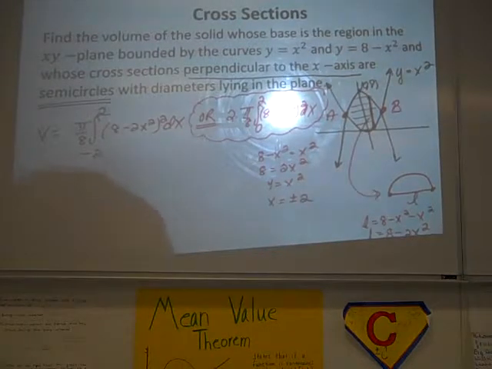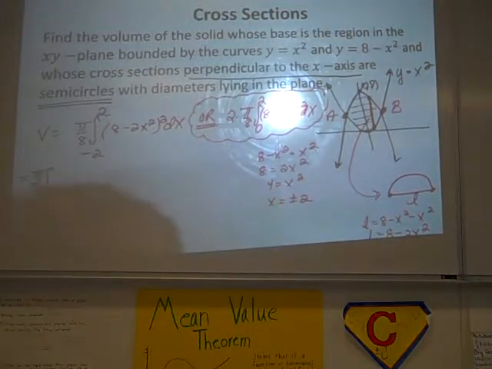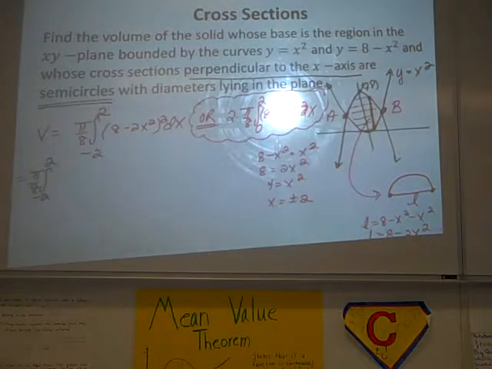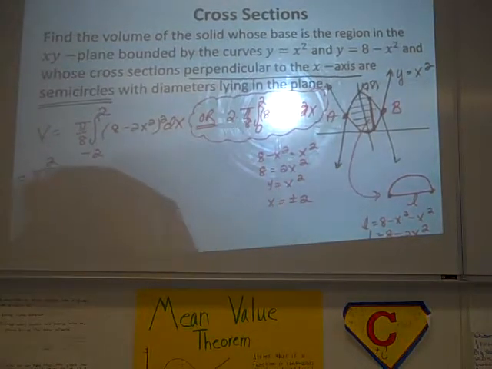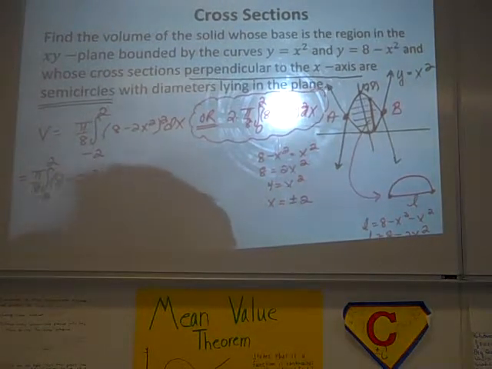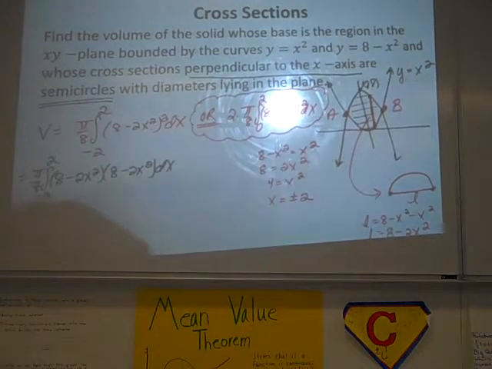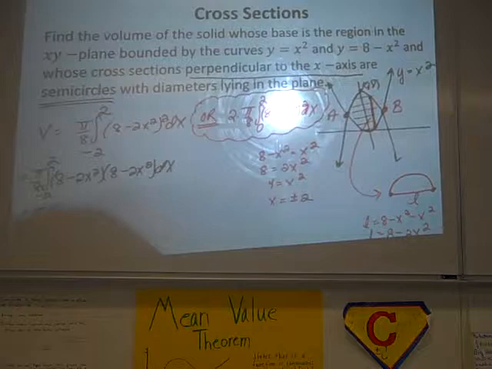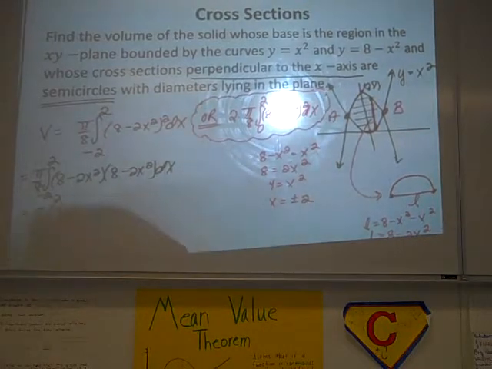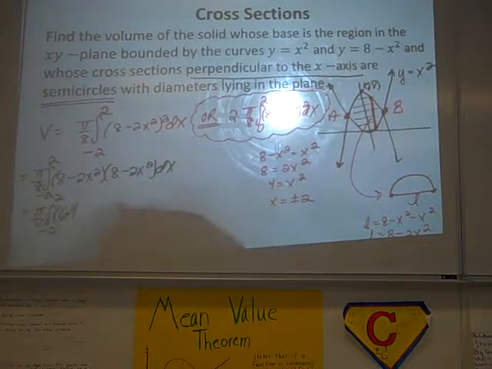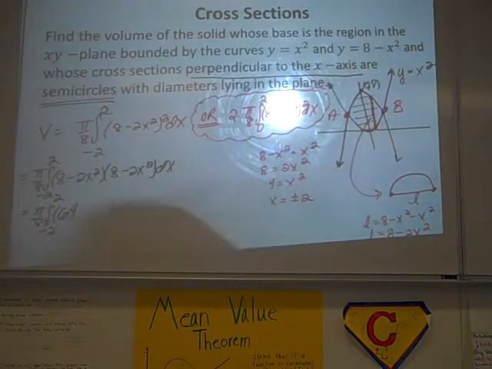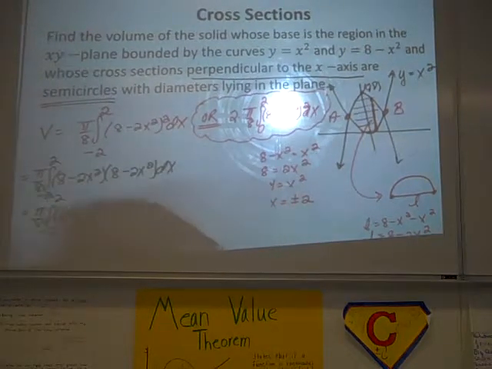We've got to get this into integration ready form. Pi over 8, integrate from negative 2 to 2. 8 minus 2x squared, squared is, we've got pi over 8, negative 2 to 2. 8 times 8, that's 64. 8 times negative 2x squared, and then do it again, is negative 32x squared.